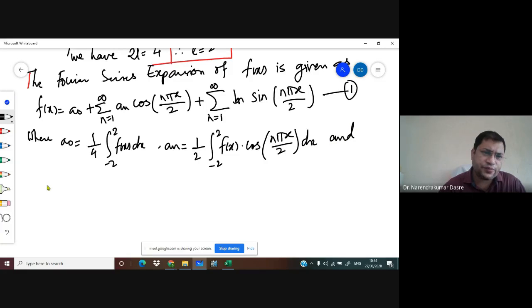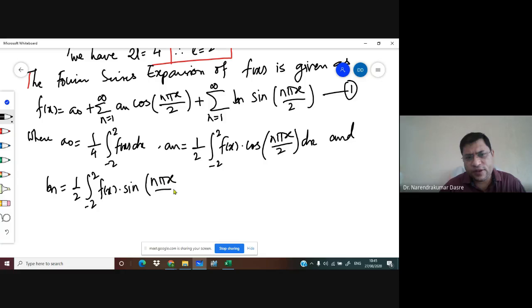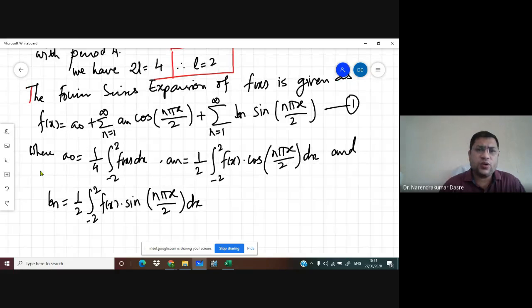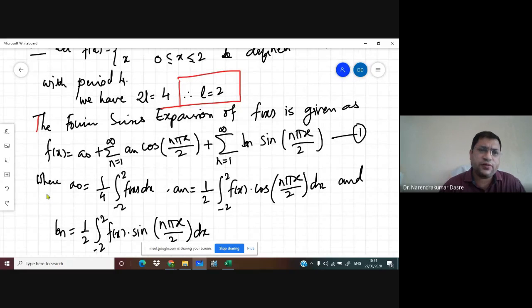And bn is equal to 1 by 2 integral minus 2 to 2 f of x sine of n pi x by 2 dx. Okay, so these are the formulas that we have. Now we have to find these one by one.